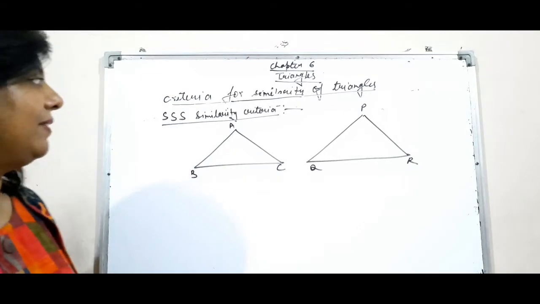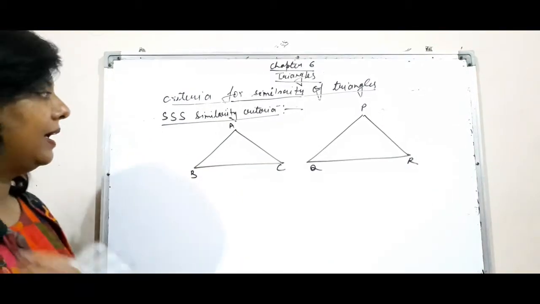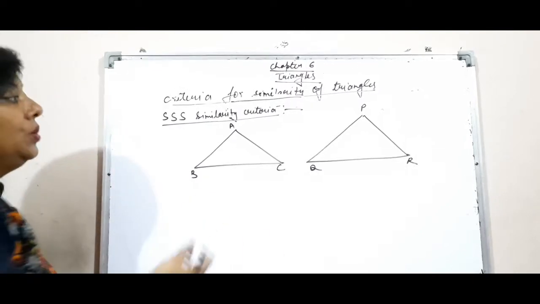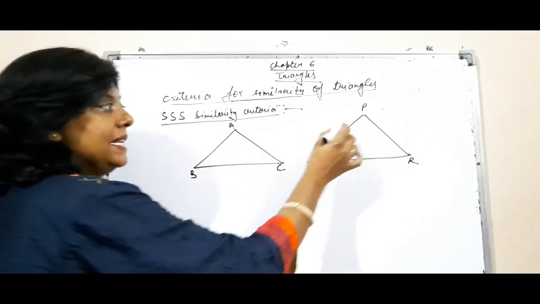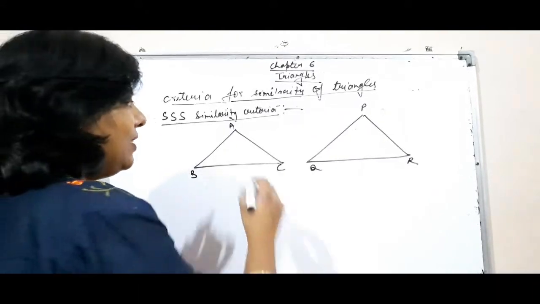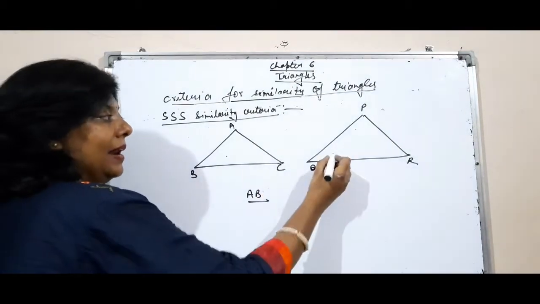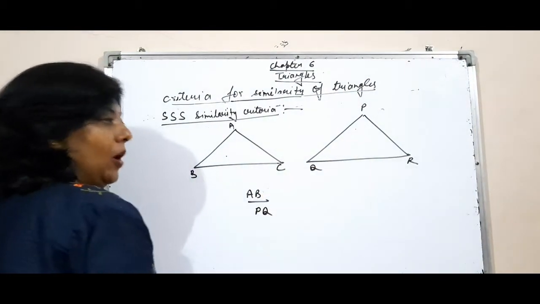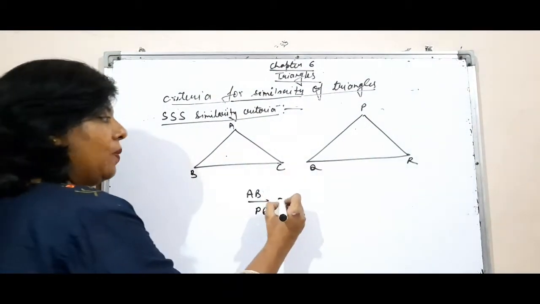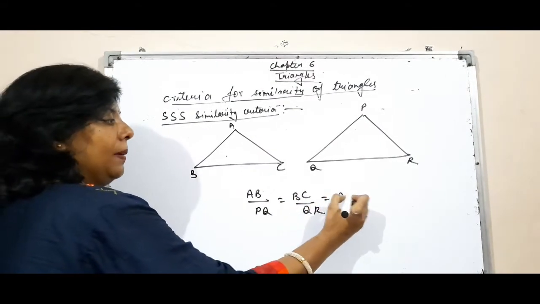Now the next criteria is SSS similarity criteria. What we have to do in this criteria? ABC and PQR. Suppose we are having two triangles and their corresponding sides are in proportion. AB upon PQ is equal to BC upon QR and AC upon PR.